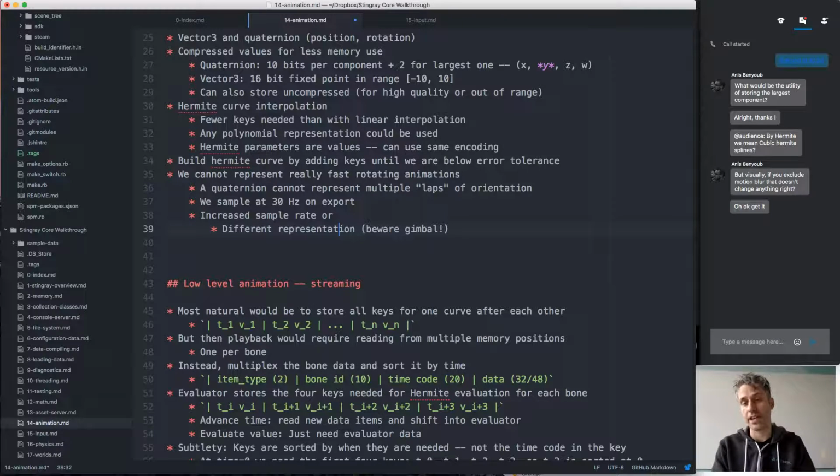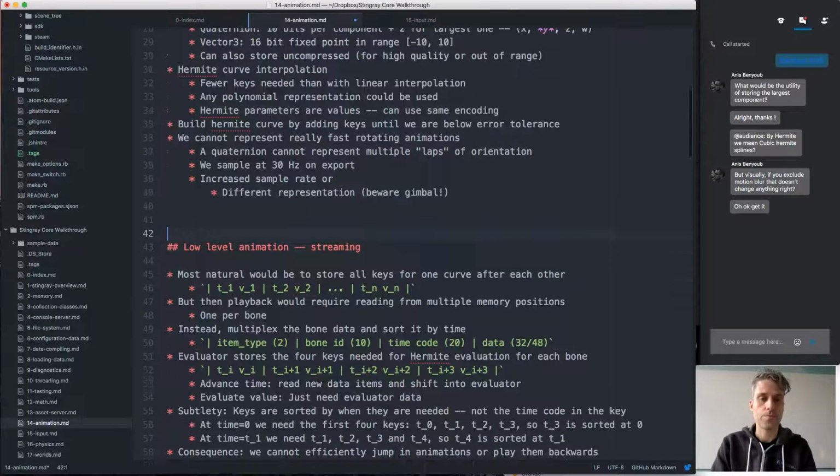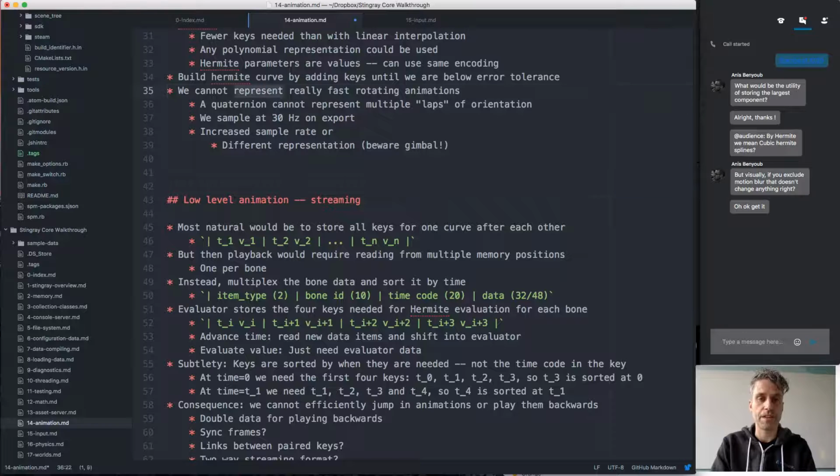You could say that the Euler angle is 10,000 degrees, and that would mean that it has spun around like 30 times. But of course, Euler angles have other problems like gimbal lock, which is the reason why we don't really want to use them in our animation system. So, not a big deal, but this is something that can come up, and in some situations it's good to be aware that there are limitations to what we can represent.